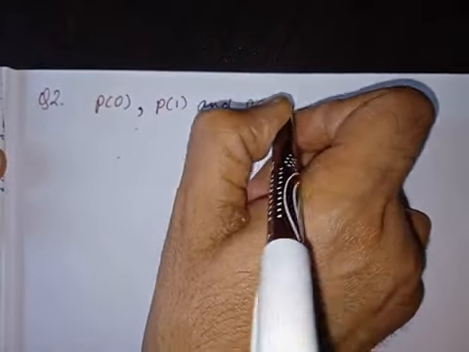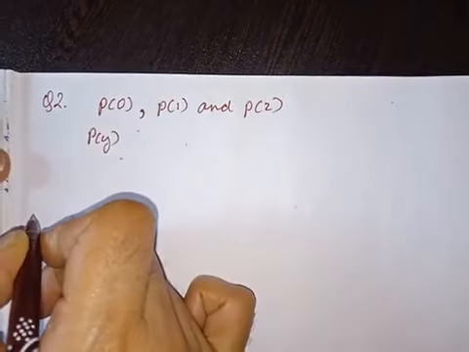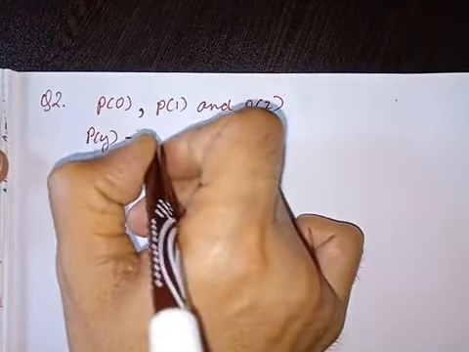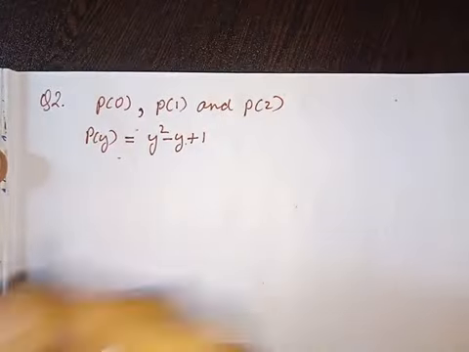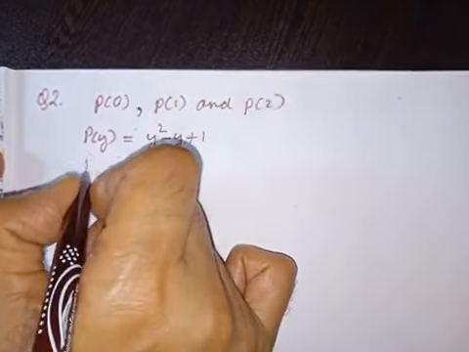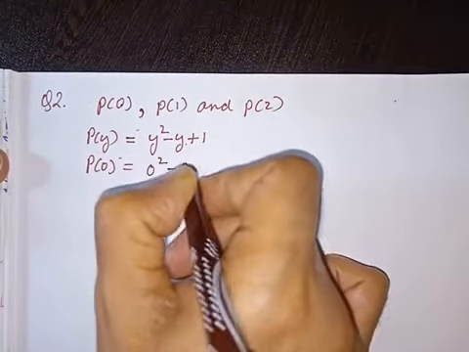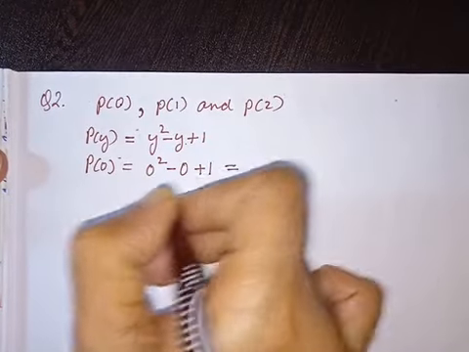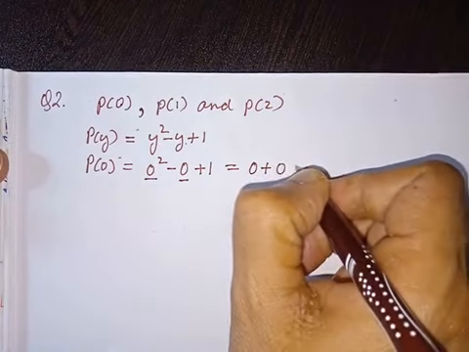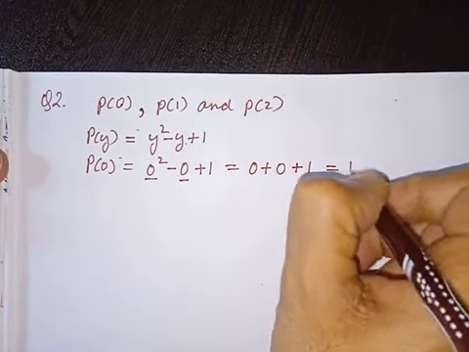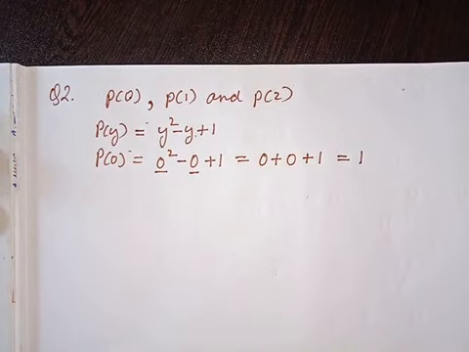The polynomial given to you is p(y), that is polynomial in terms of y, is y square minus y plus 1. So first for 0, p(0) we get 0 square minus 0 plus 1. So these two terms will become 0. So we are left with 1. So 1 is the value for y equals 0.